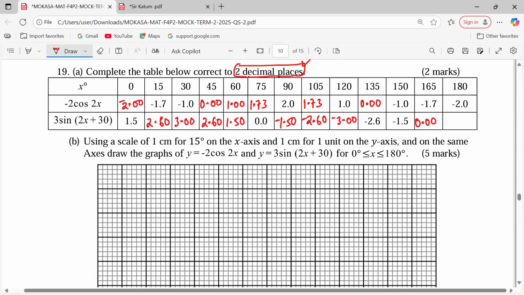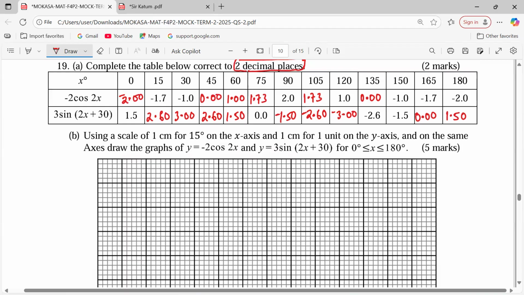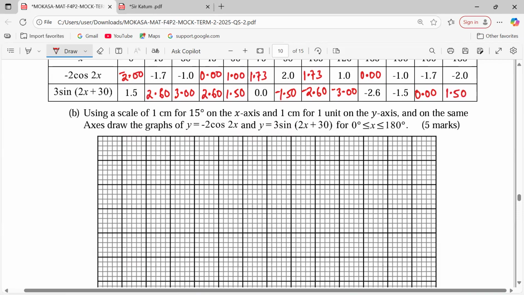This is 1.5, so 1.50, like that. You see? So we have the table already filled by simply using your calculator and typing the right thing in the calculator.